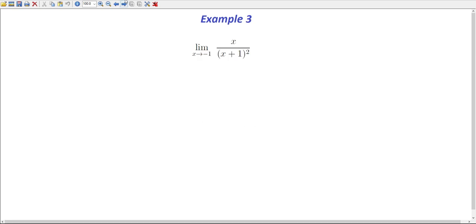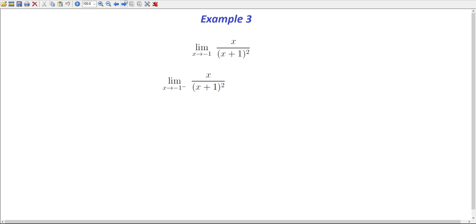Okay, last example. The limit as x goes to minus 1 of x over x plus 1 squared. Here we're going to take the limit as x goes to minus 1 minus, and now lots of minus signs. But the idea here is that x is a little less than minus 1, which means x plus 1 is a little less than 0.